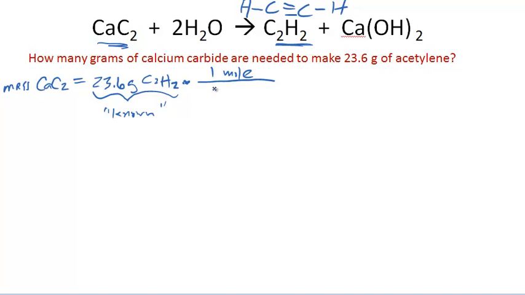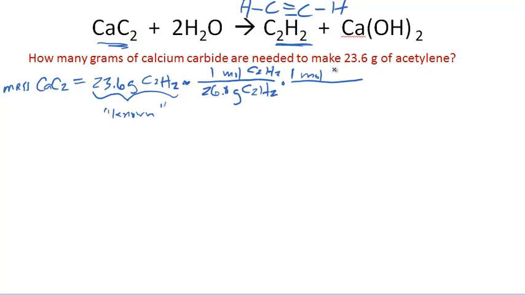We've done that before. The molar mass of acetylene is 26.0 grams. I need my 1 mole of acetylene. Okay, so that's going to take us from grams to moles. Next we need to include the mole to mole ratio, which is simply 1 to 1.